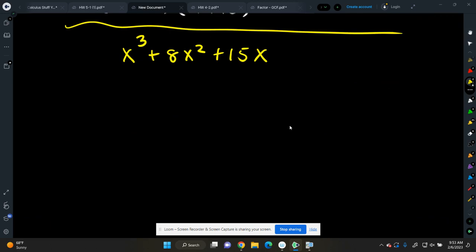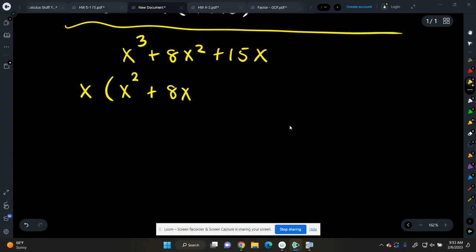We're not solving yet. We're just rewriting it in a different form. So what's the first thing I always look for? The greatest common factor. Is there anything that goes into all three of those? X. So let's take an x out. And we're left with x squared plus 8x plus 15.